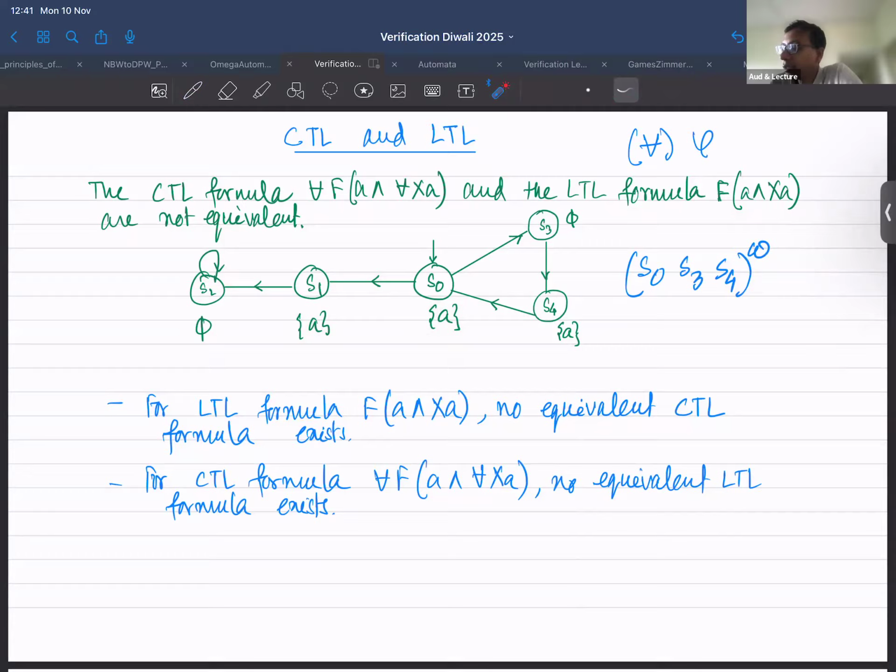Now, what about this particular CTL formula? Is this CTL formula satisfied by this Kripke structure?